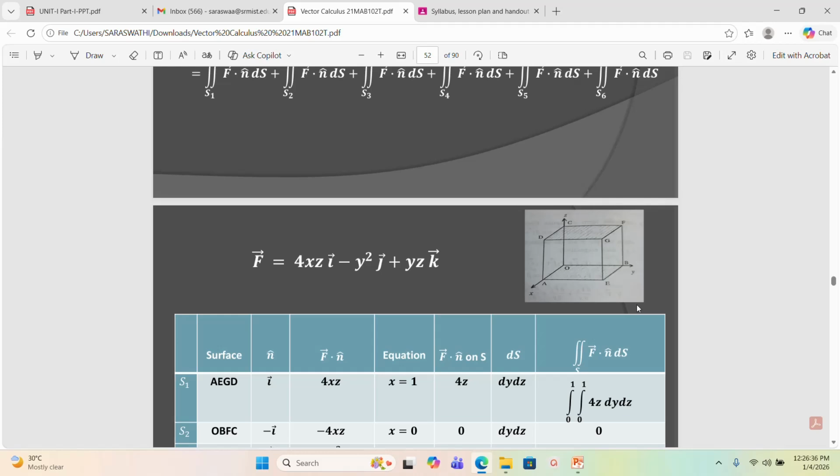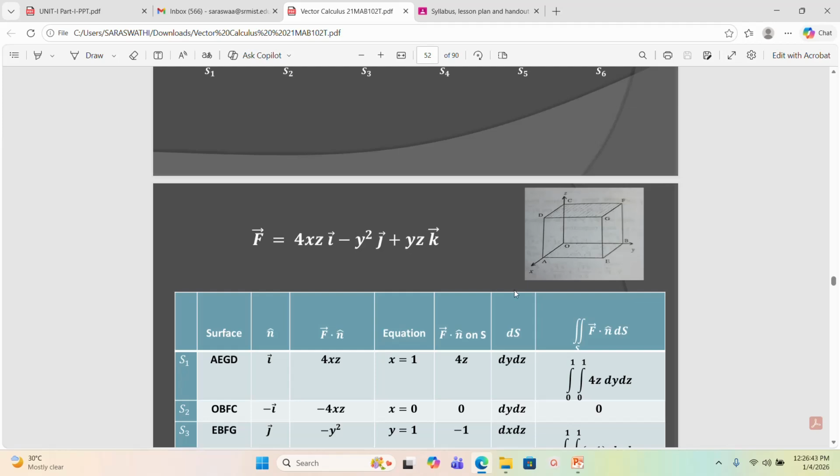And the third surface S3, we can take it as E, B, F, G.